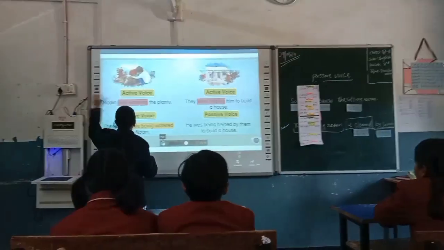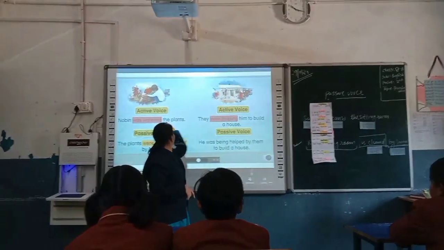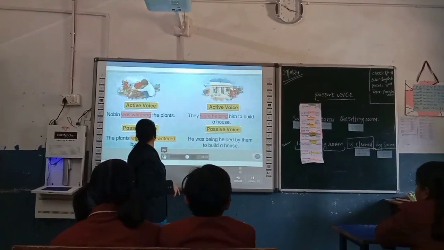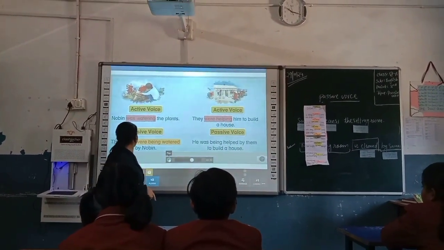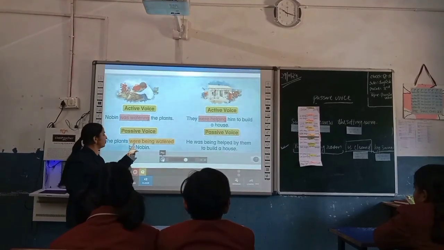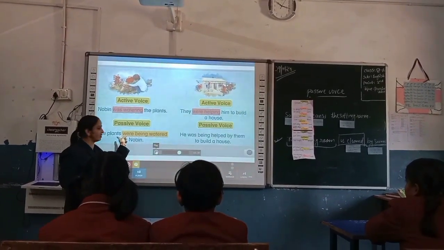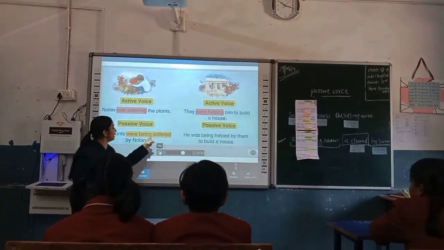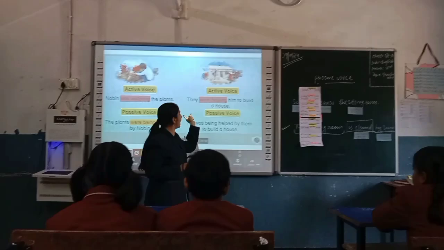So in such a way, when was watering or were watering is given, here was watering, were being. Why? Because plants is plural, so were is written. According to this object, it is written were being watered. Here they were helping him to build a house.